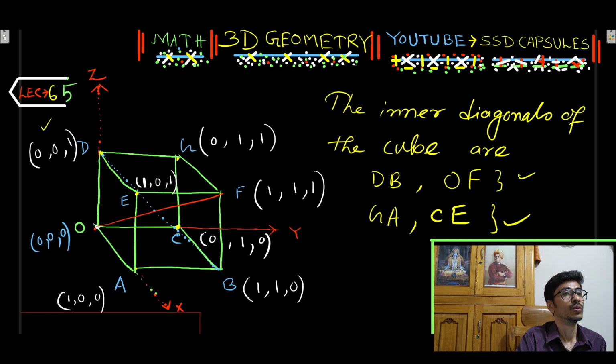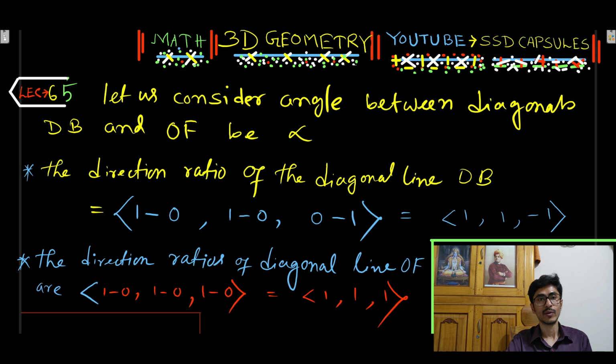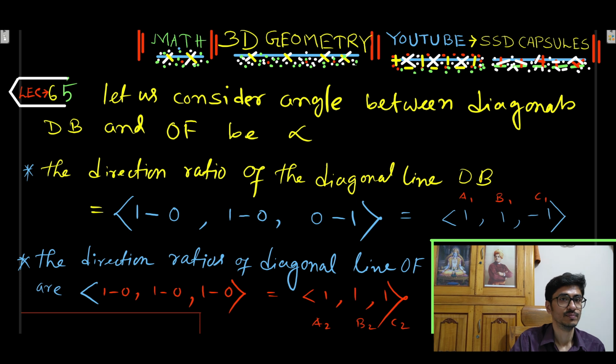So for OF, 1 minus 0, 1 minus 0, 1 minus 0, so this is 1, 1, 1. So we have in our hand, name this as a1, b1, c1, and this as a2, b2, c2.